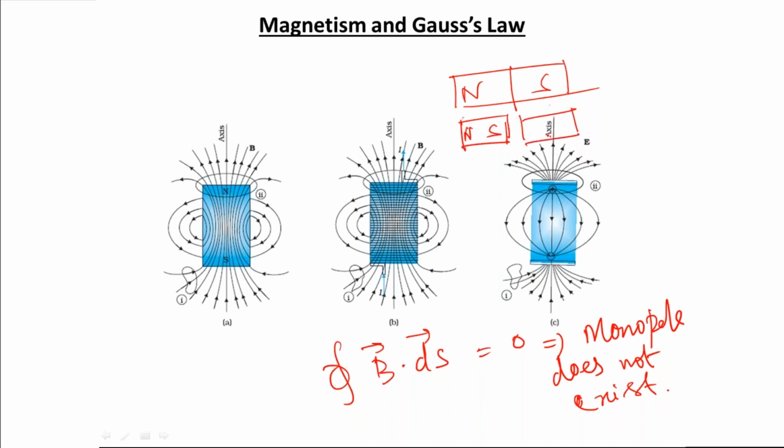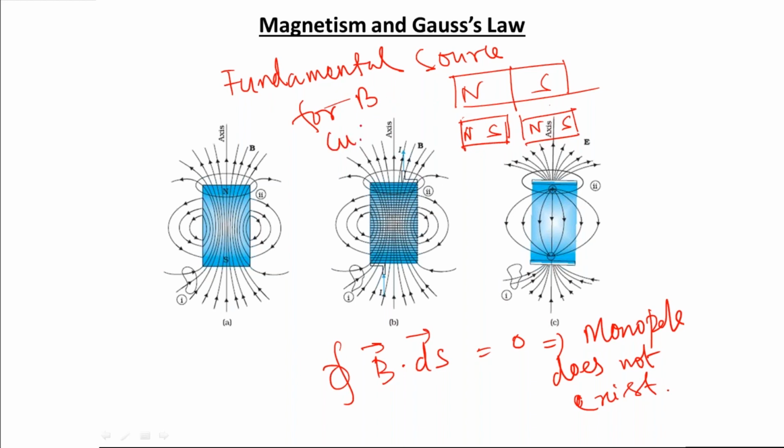So that's why in case of magnetism, the fundamental unit or source for B or magnetism is the current loop.